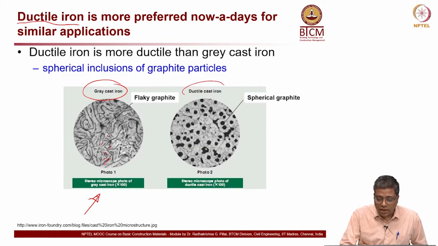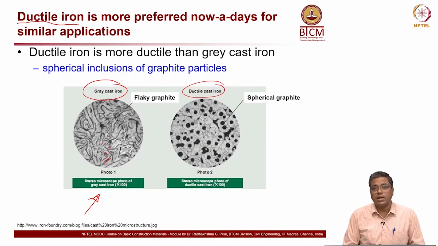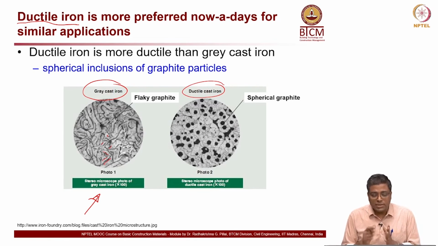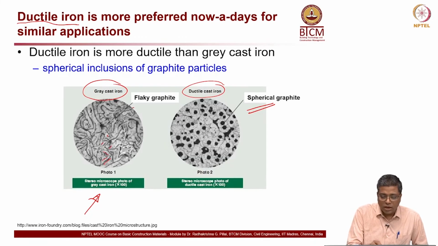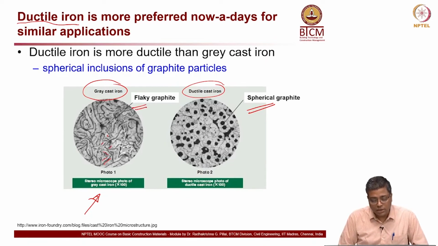Whereas on the ductile cast iron on the right side, you will see that they have this spherical graphite or globular graphite. Okay, so in such a microstructure, crack propagation is not as easy as in the case of a cast iron where it has flaky graphite.